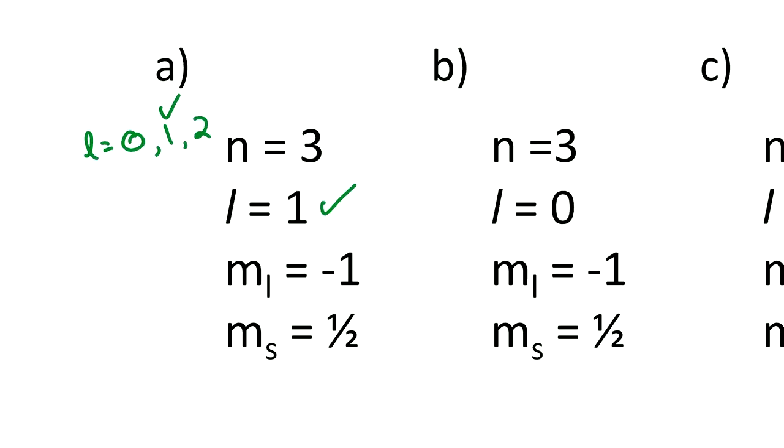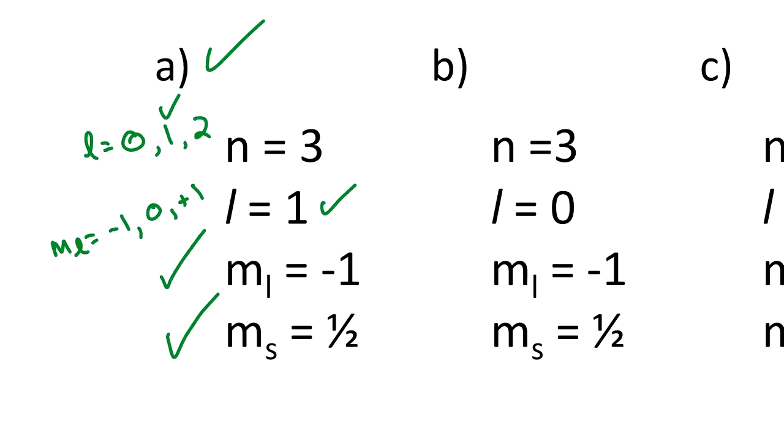Then once we've set our L value, L equals 1, what are the possible ML values we can have for an L equals 1? -1, 0, +1. So is the ML okay? Yes, it is. Perfect. What about that spin, a +1/2? Is that okay? Yes, that's okay. All right, so it looks like A is okay.